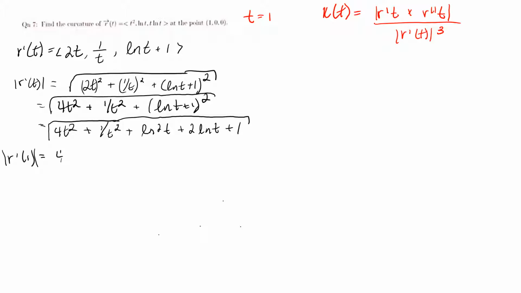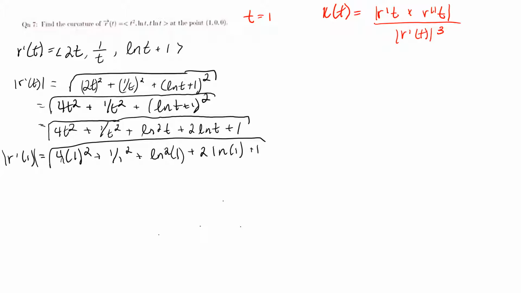So plugging in 1 for t, still in the square root, by the way, we get 4 plus 1 plus 0 plus 0 plus 1, or the square root of 6.